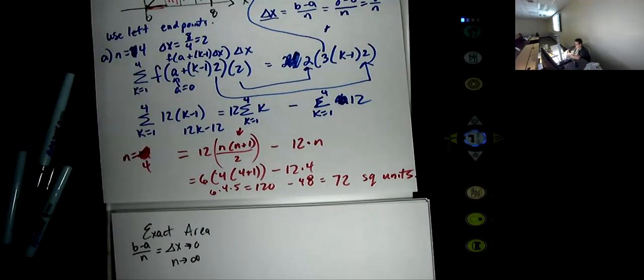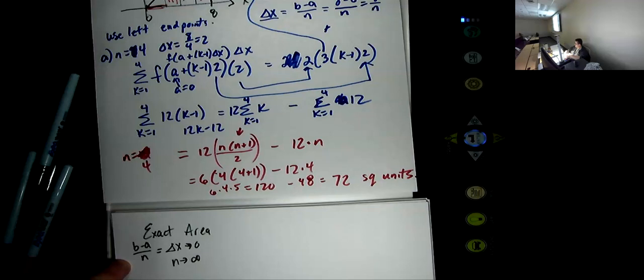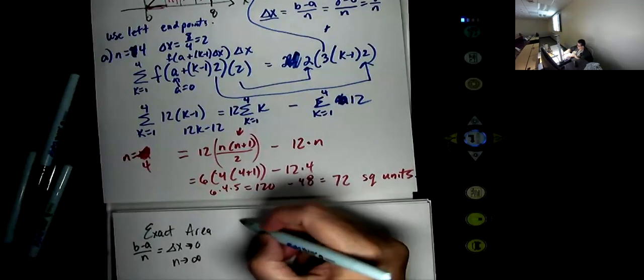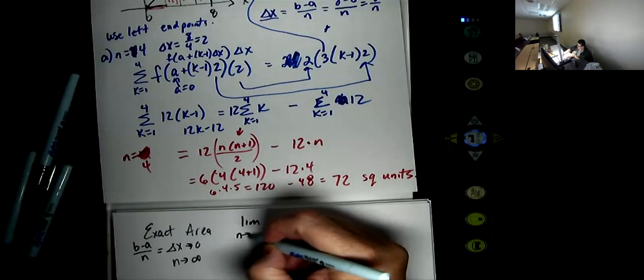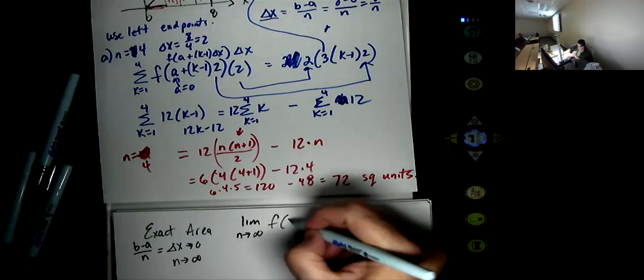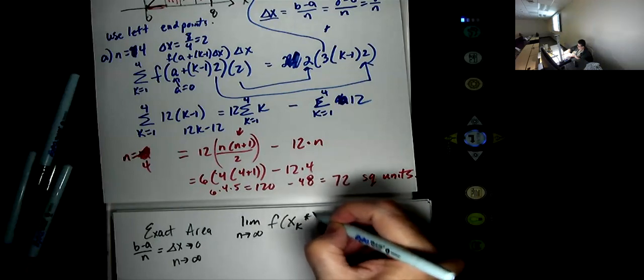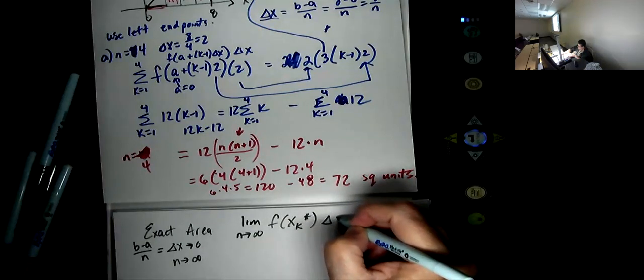And b minus a is constant numbers. The only way to make this get to a 0 width or something super small is to make n super large. So we're going to do the limit as n goes to infinity of the sum of f of x sub k star delta x.